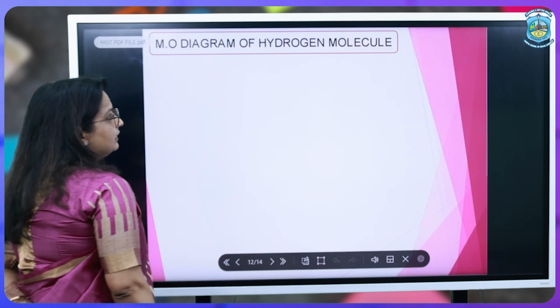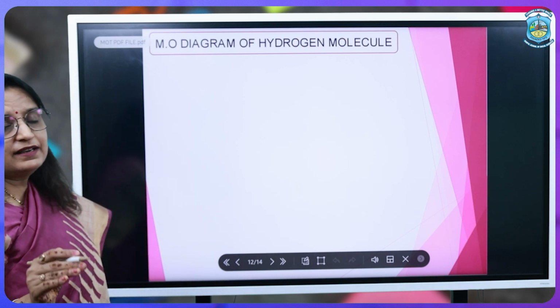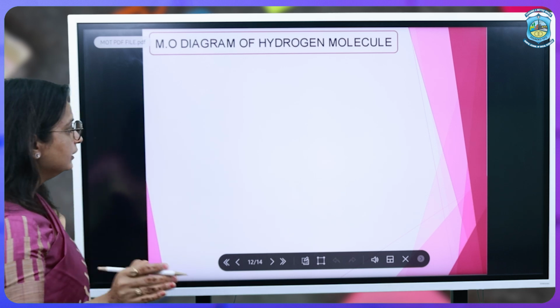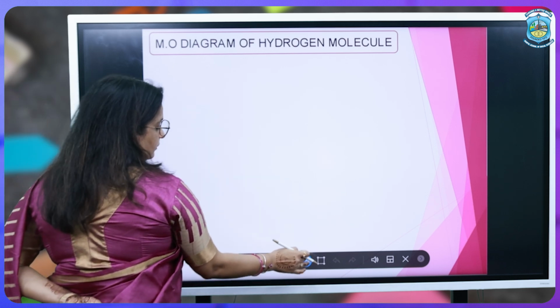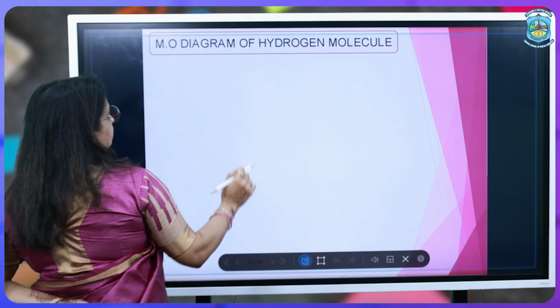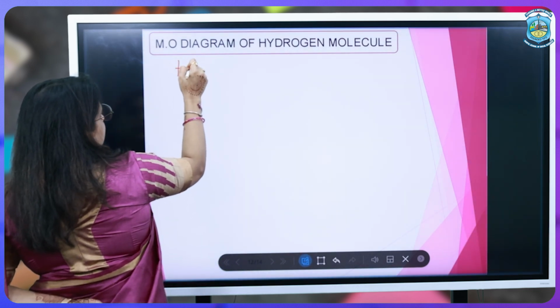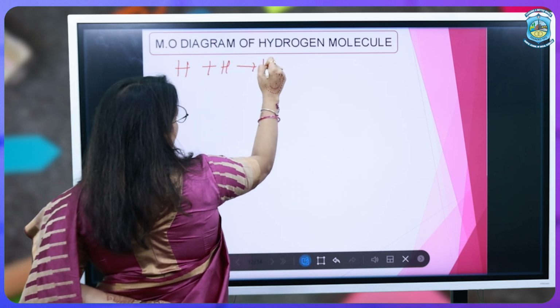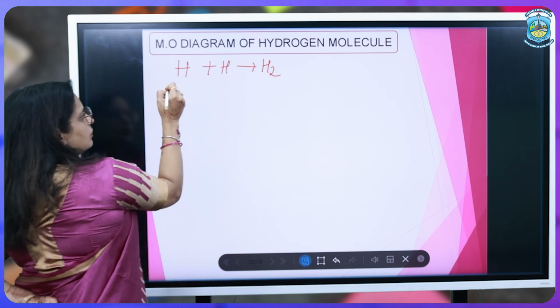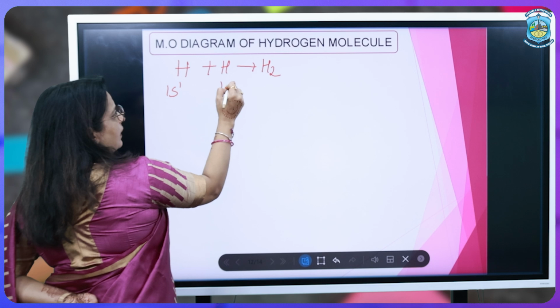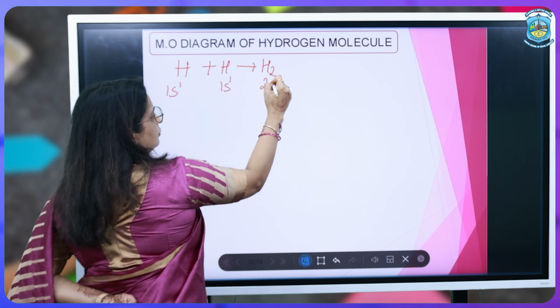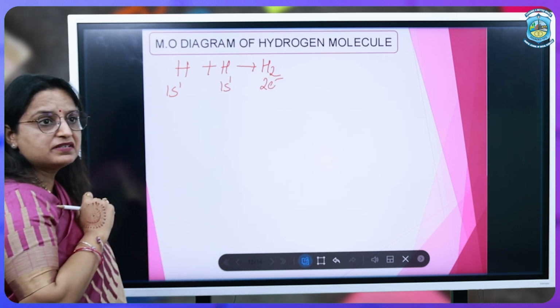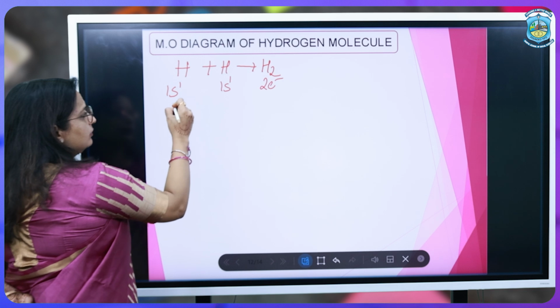So now starting with the molecular orbital diagram of the H2 molecule. Starting with the diagram, first you can see that we have H atoms, which are going to form the H2 molecule. So 1s1, 1s1, a total of 2 electrons are going to be present in the H2 molecule.